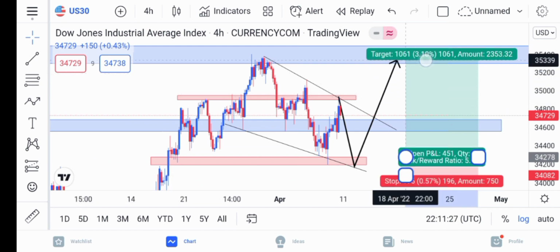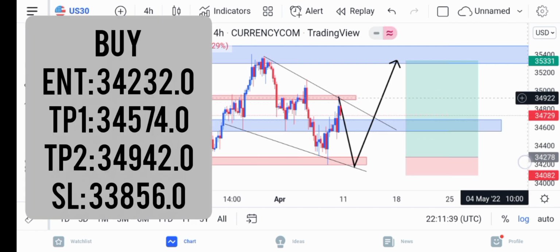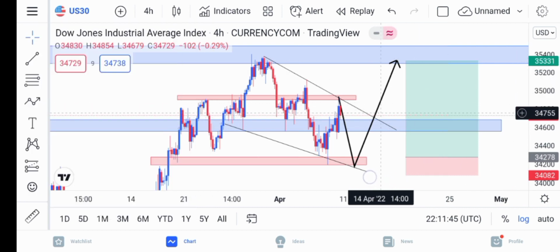So this will be your overall target, and then that will be your first take profit over here and your last take profit over there, or your first take profit over here, second take profit, and overall take profit, but mostly take most of the profit the moment you reach the trend line here.